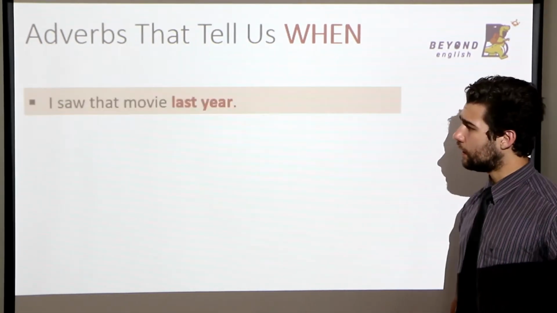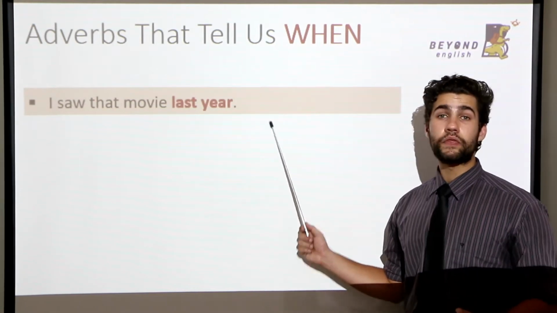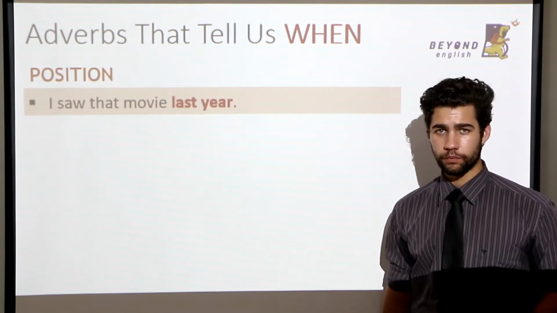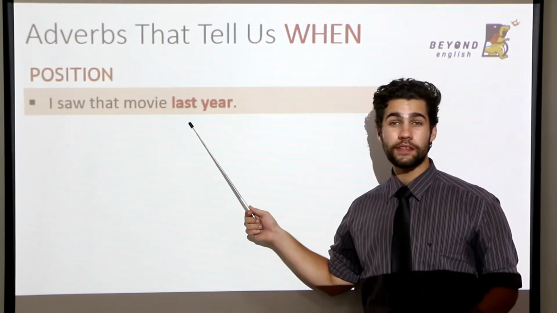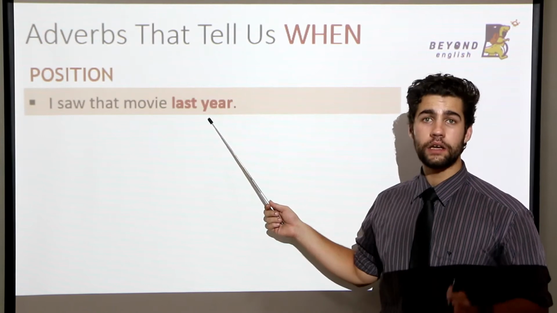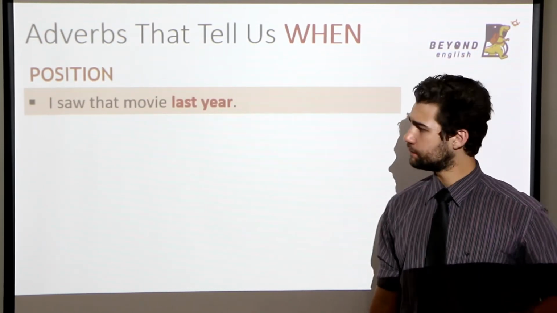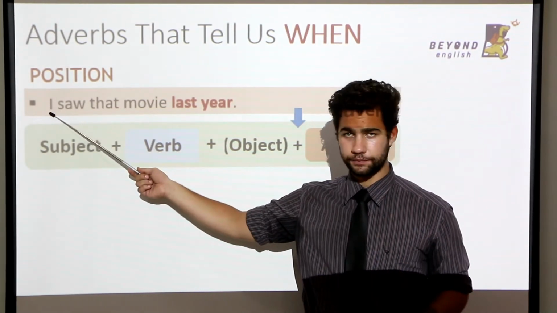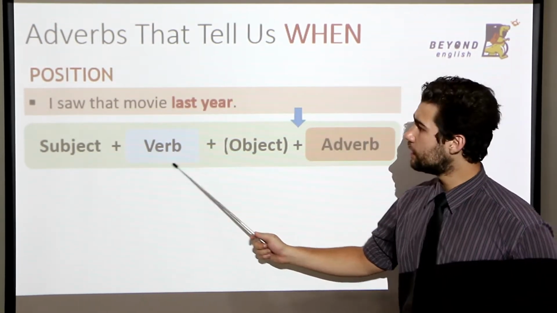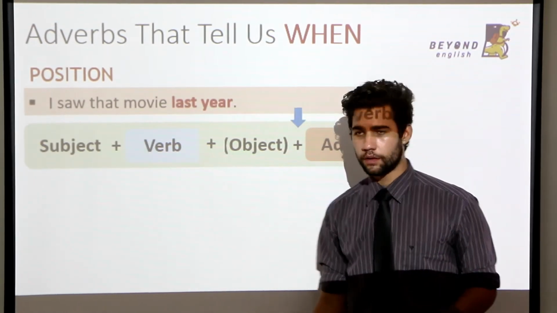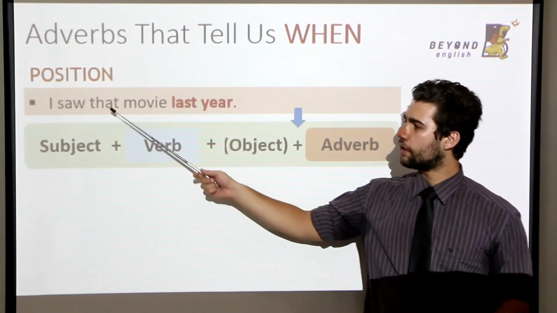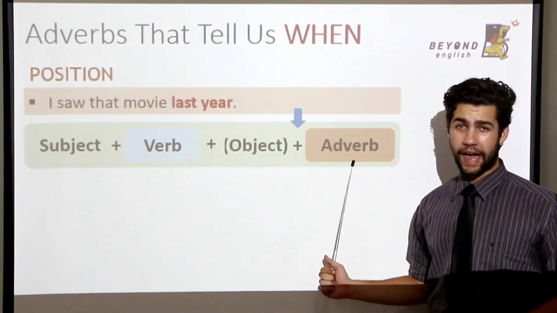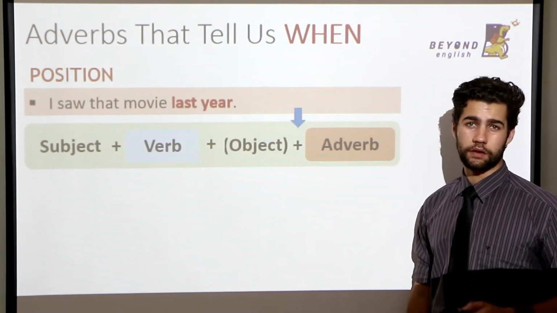Okay, now let's look at the position of when. Over here, it is at the end of the sentence. So, we have a subject, I, a verb, saw, an object, that movie, and our adverb, last year.